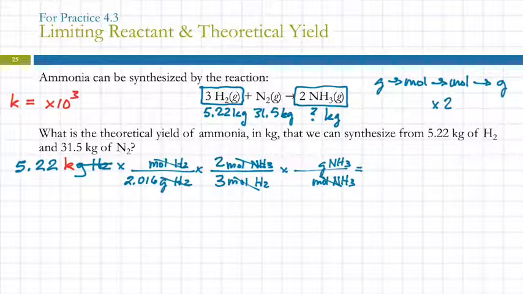And then at the end, I need the molar mass of ammonia, 14.01 plus 3 times 1.008, which is 17.034. I've done that one too many times.